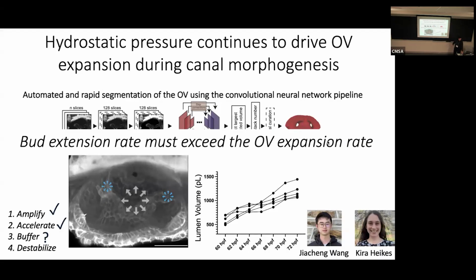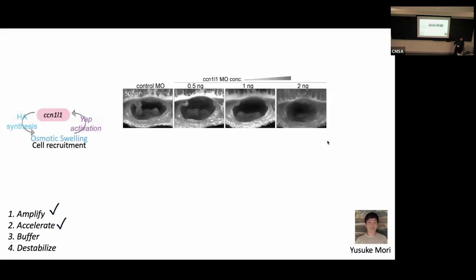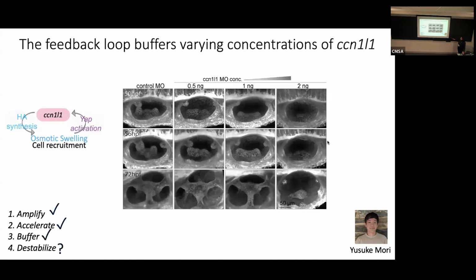And this is something that we tested. They meet in an expanding universe. Exactly. Yeah, very poetic. So Yusuke did this dose-dependent reduction of CCN1L1 and found that only at the strongest dose would you abrogate morphogenesis, but at intermediate doses, morphogenesis still continues.